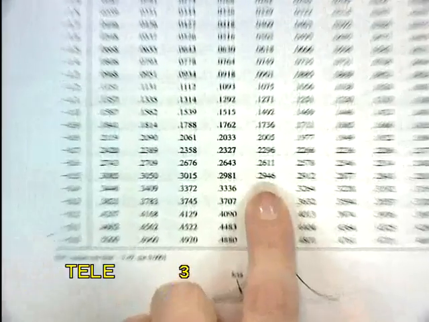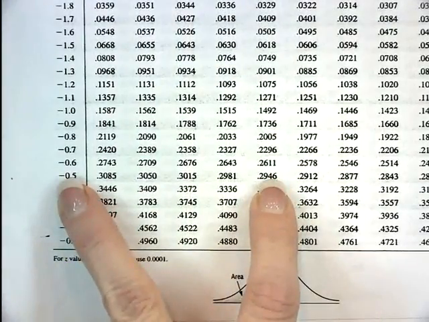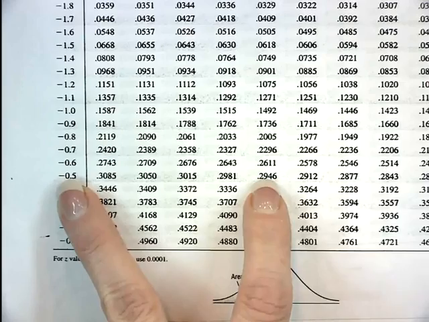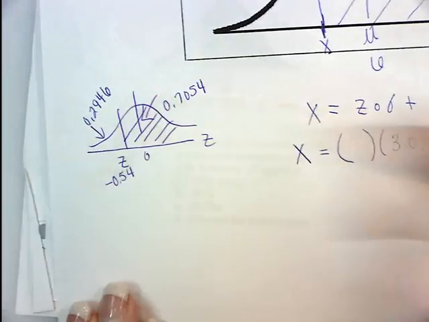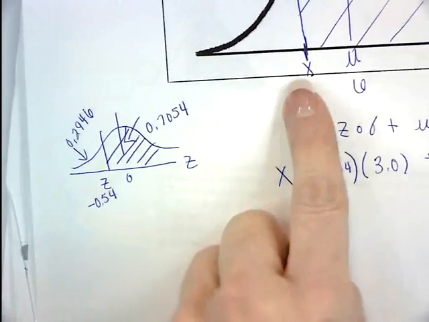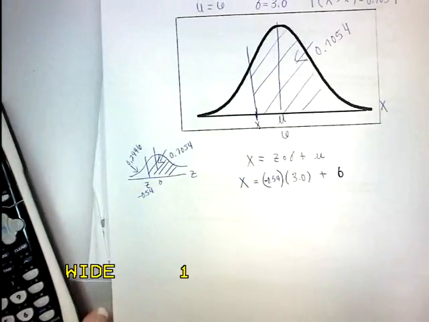A negative 0.54 is the z-score. Negative 0.54 if you work your way out and up. So negative 0.54 is here, and it also goes in the formula. So the z-score for this unknown x here is negative 0.54.